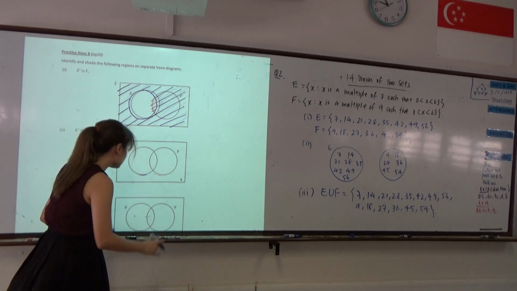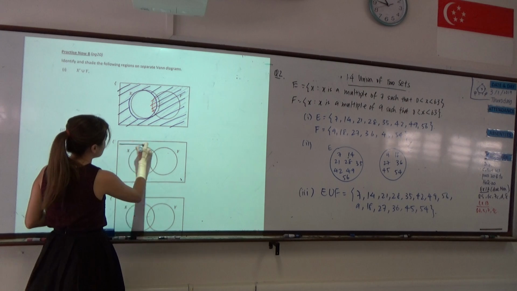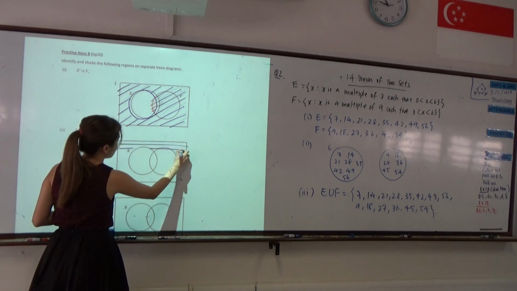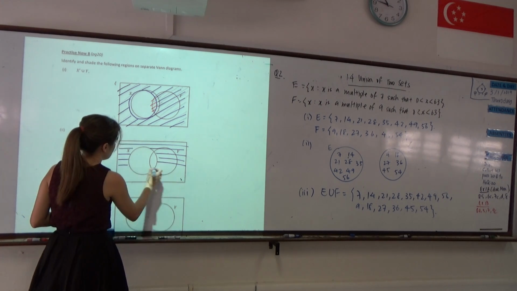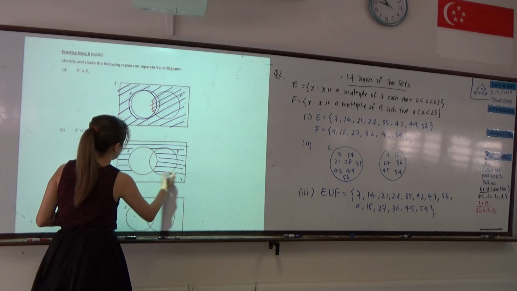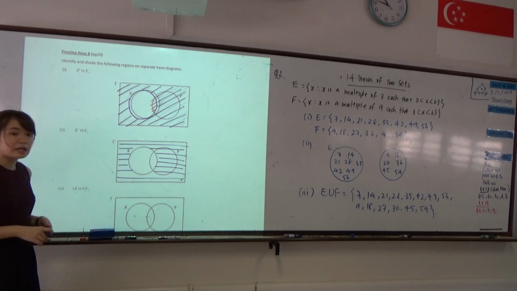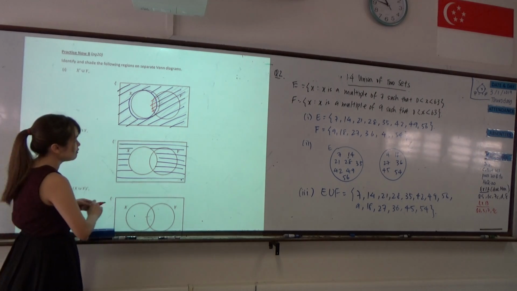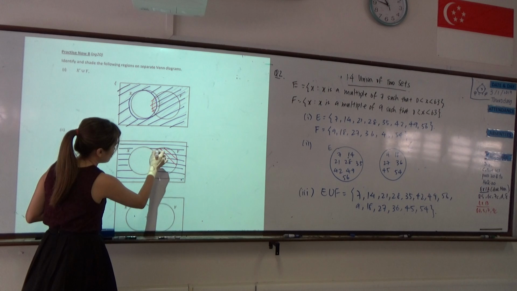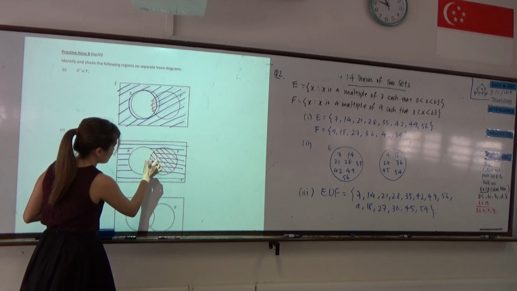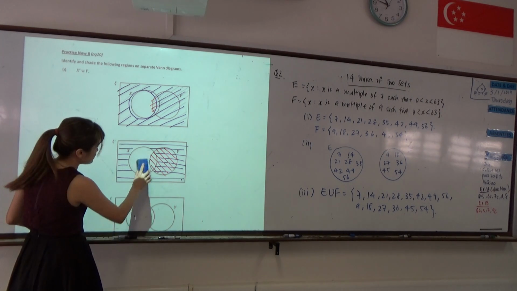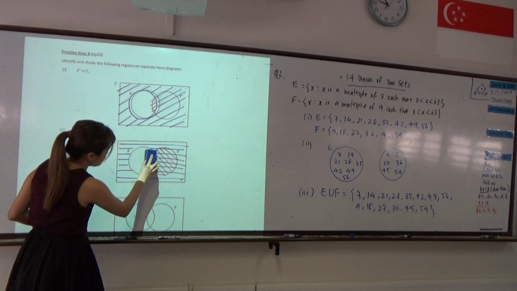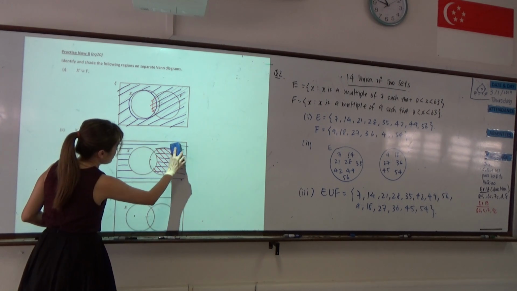X complement is outside of the x circle. Overlap shaded. Then y itself is this entire circle, but we are looking at intersect, so the overlap only exists in this part here. Everything else, we erase it.